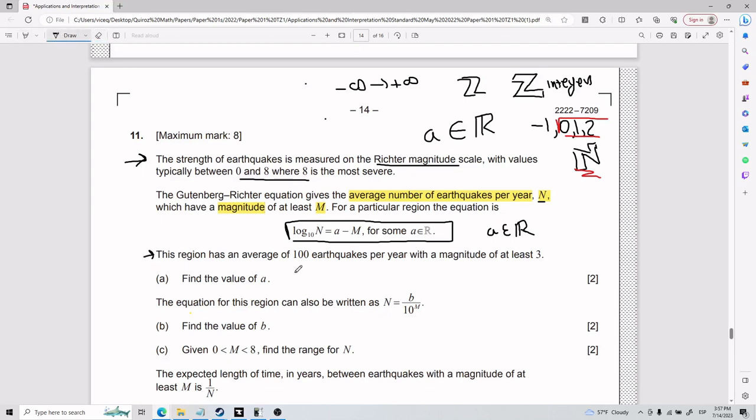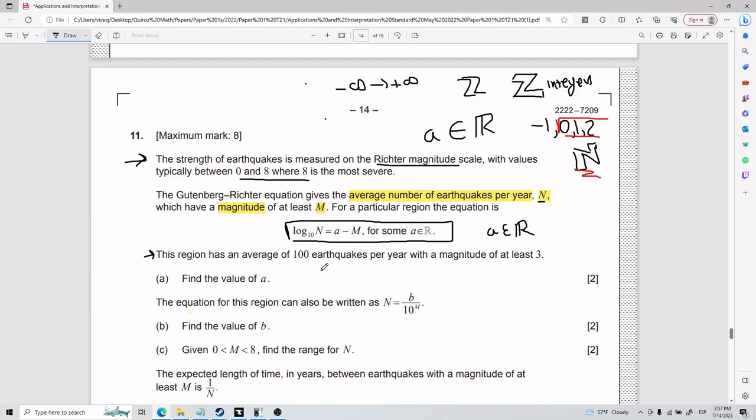This region has an average of 100 earthquakes per year with a magnitude of at least 3, and we need to find the value of a. All right, so the hard part here is really understanding what this formula is talking about. Chances are most of you saw logs for just a little bit.